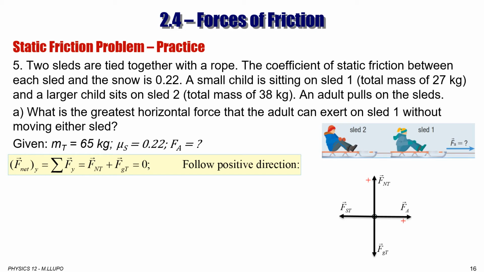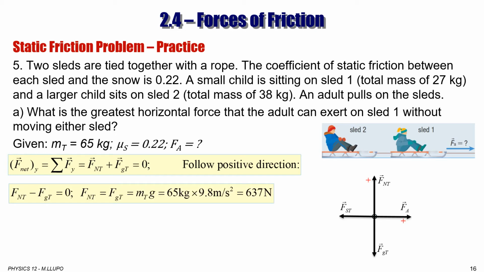Total normal force and total force of gravity add up to 0 because the sleds are not moving up or down. Keep the positive direction traditional. Up is positive. So Fn total is equal to Fg total, which is M total g, and plugging in the numbers, it is 637 Newton.